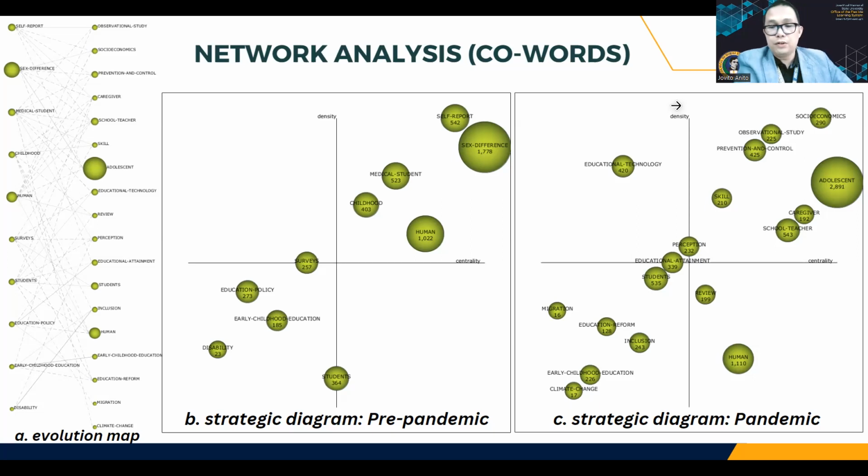On your left, your figure A is what we call the evolution map, or the movement of the different domains, or the longitudinal analysis of the movement of the themes or domains from the pre-pandemic period to the pandemic period. The solid lines are the lines that are conceptually connected to that particular domain in the next period.